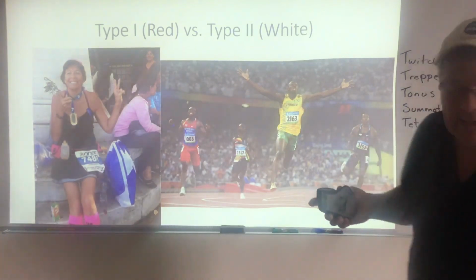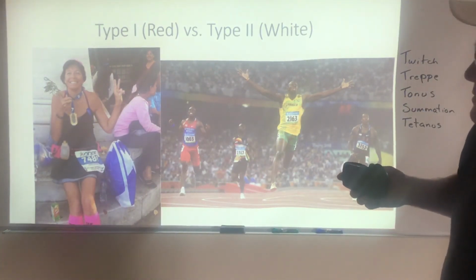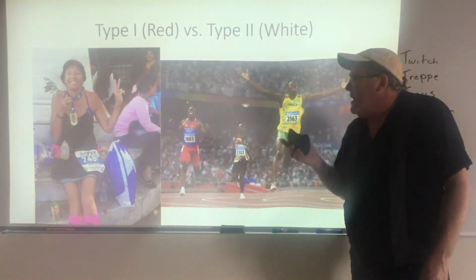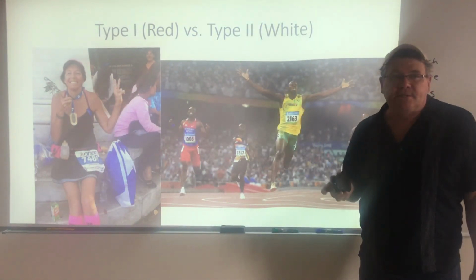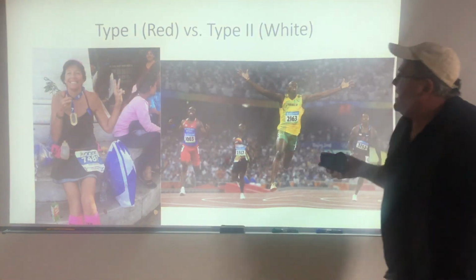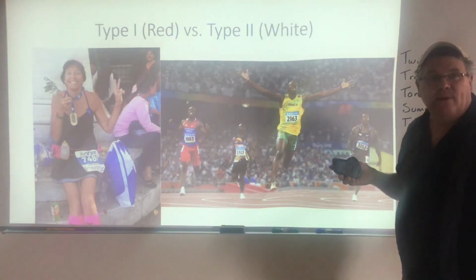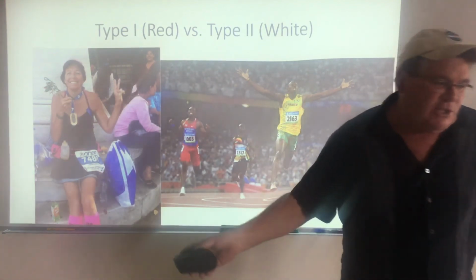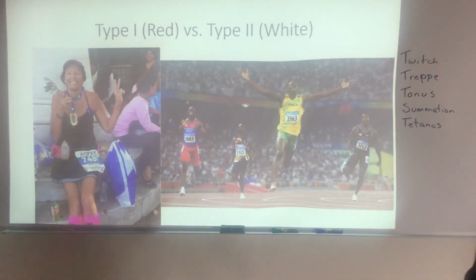I tend to lean a little bit myself towards type 1s. I don't sprint well on my cycle. I can do long distances a lot better than sprint. So with that being said, let's wrap this one up and shift over to what we talked about earlier, which is the nervous system.